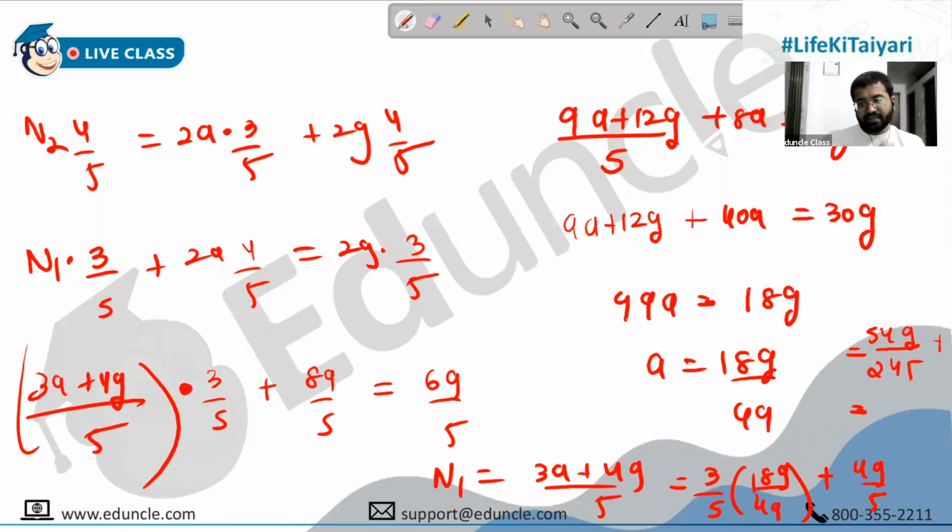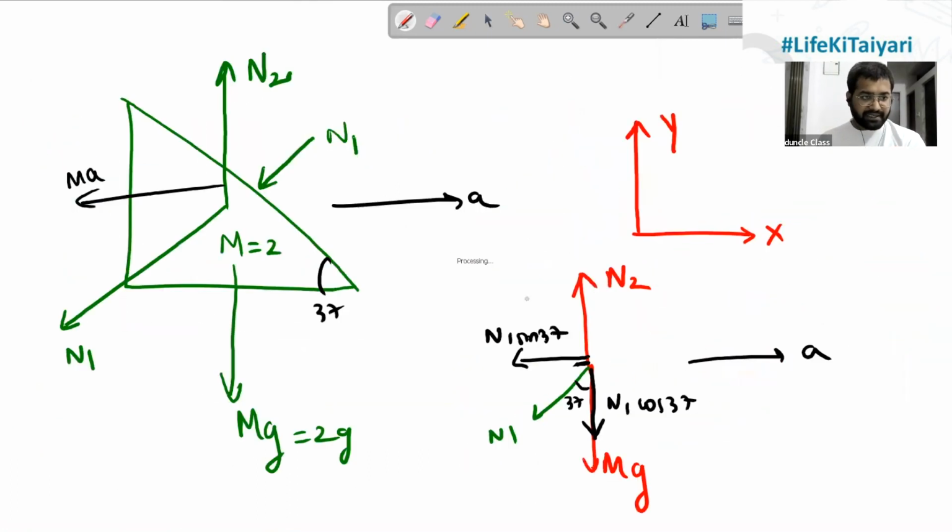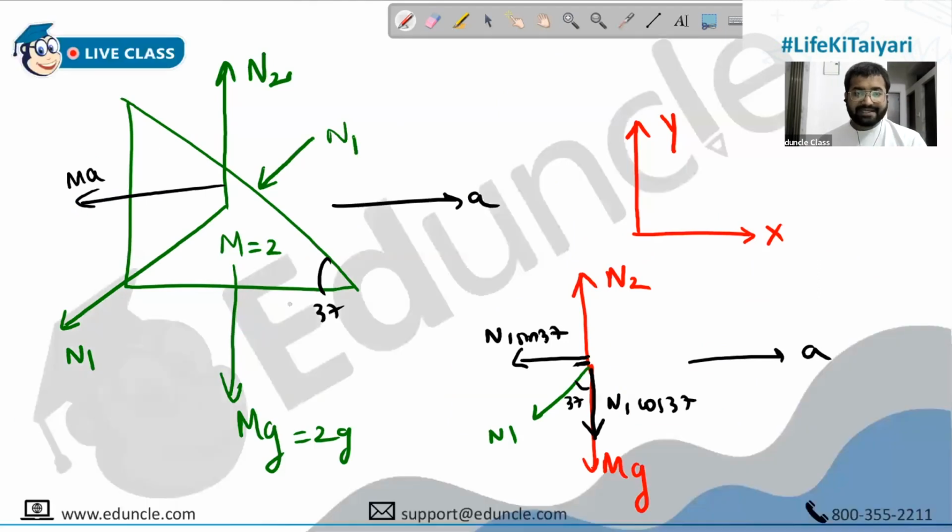Okay, it seems like we are getting a result. 54 divided by 245, that's 0.22, plus 0.8, that's 1.02 into g, unless the calculation has gone wrong. So 1.02 into 9.8 is approximately 10. Maybe some calculations here and there are wrong, but our correct answer is 11 Newton actually.